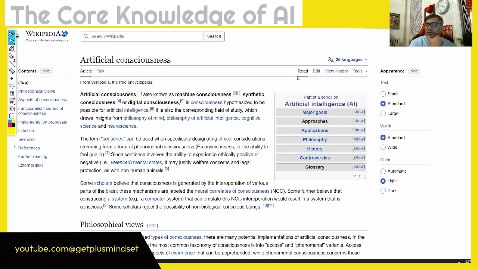When we talk about artificial intelligence, what is artificial consciousness? It is known as machine consciousness, or digital consciousness. It also corresponds to a field of study that grows out of the philosophy of mind, philosophy of artificial intelligence, cognitive science, and neuroscience.